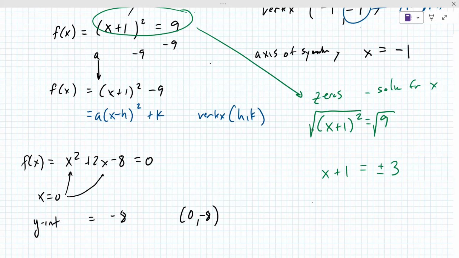And then it's like case 1 and case 2, x plus 1 equals 3, x plus 1 equals minus 3. Yeah, so I get x equals 2 and x equals -4. Yes, yes. Those are the two x-intercepts. Fantastic.